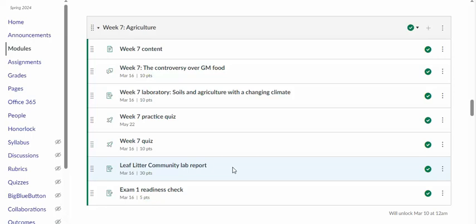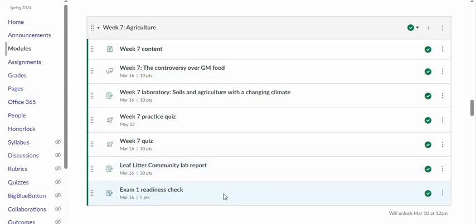So I want to hear about the invertebrate biodiversity of the leaf litter sample that you collected in week 4 and then analyzed in week 5. So you have feedback in the grade book for both of those labs. So check that out before you begin to write your lab report. This is due by Saturday at the end of the day.